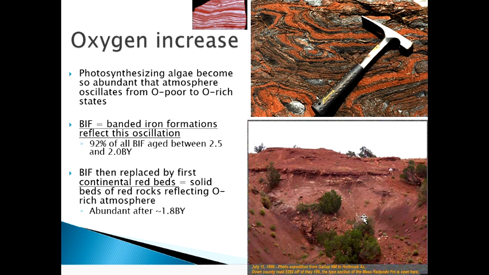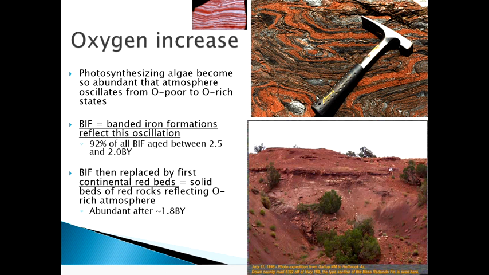So red beds from the land even, to indicate that the atmosphere, not just the ocean waters, is rich in oxygen, so that if there's any iron-rich materials, soils, sediments, igneous rocks, whatever, at the surface, that iron in there is going to bond with the oxygen in the atmosphere to make these red beds.